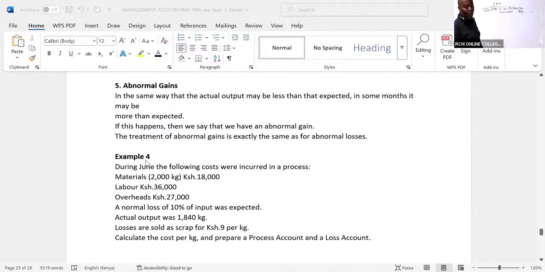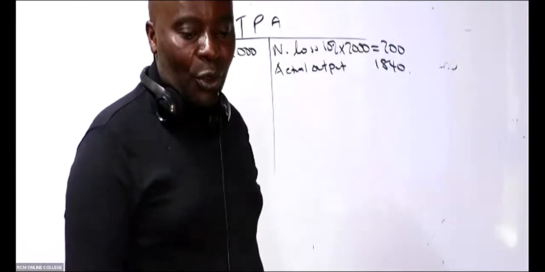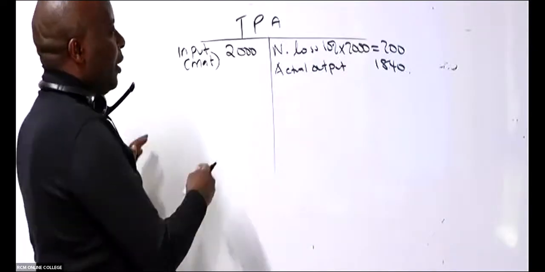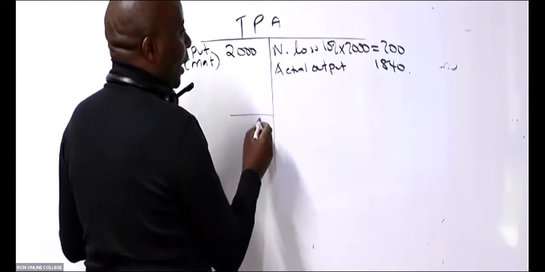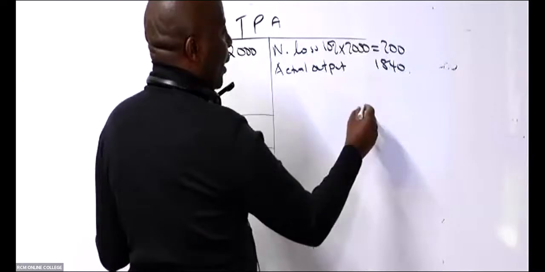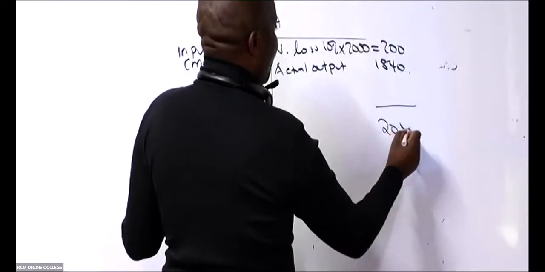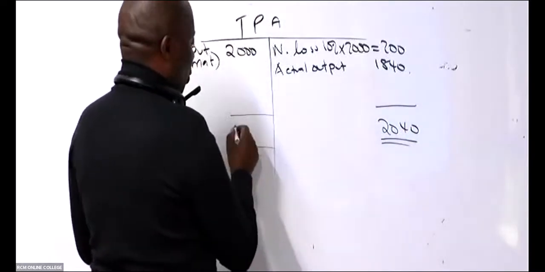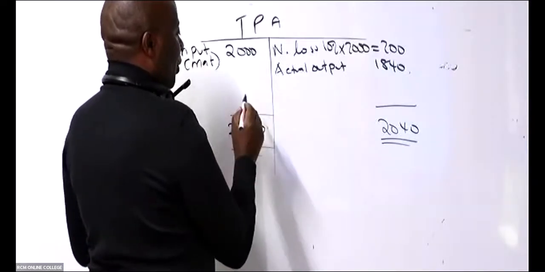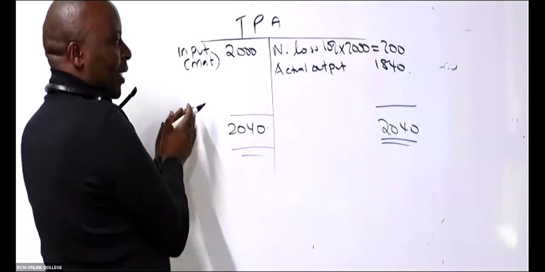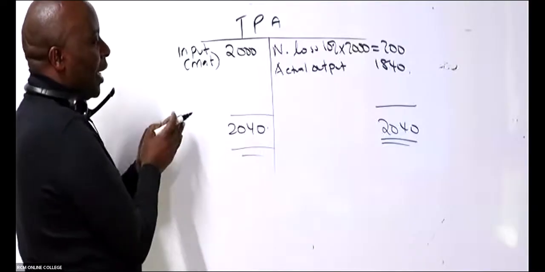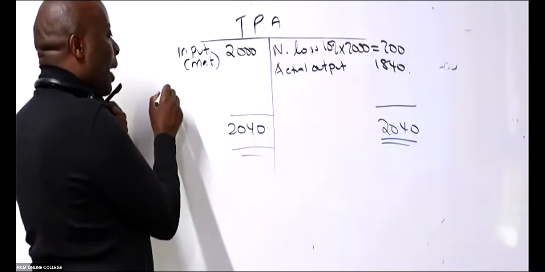So go ahead and do your balancing figure. In this case, if you're keen enough, you must have realized that this side is heavier. This side is 2040. So meaning that the balancing figure is coming here. If the balancing figure is coming here, then I will have what we call an abnormal gain.